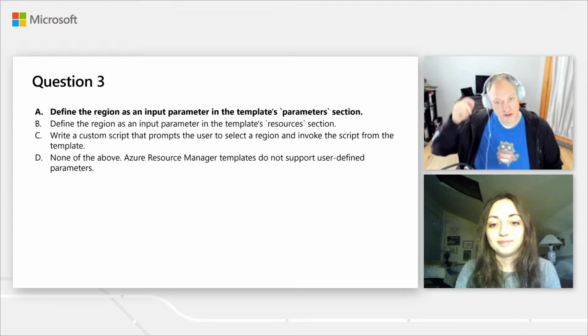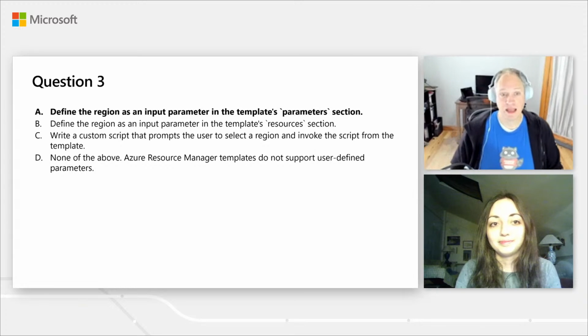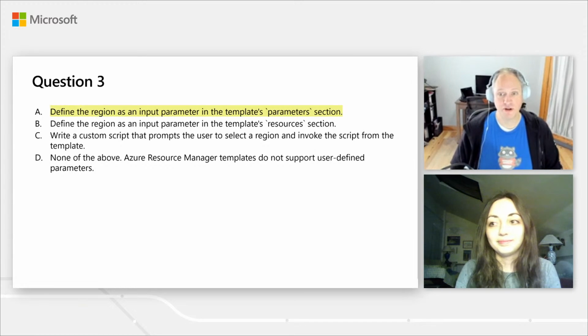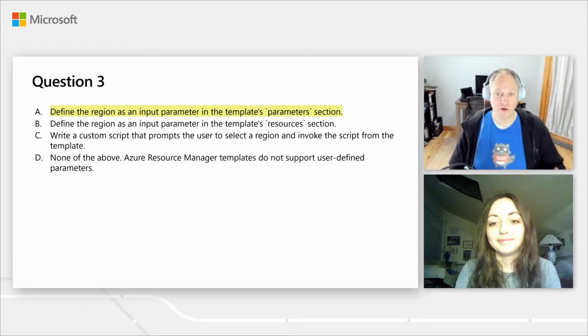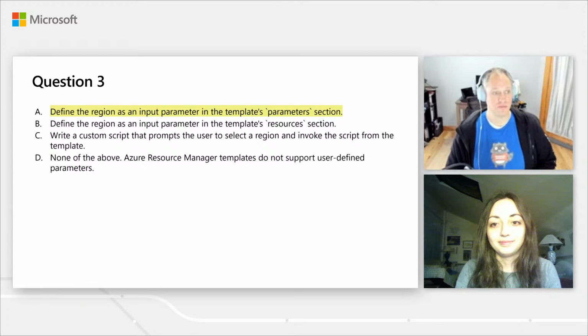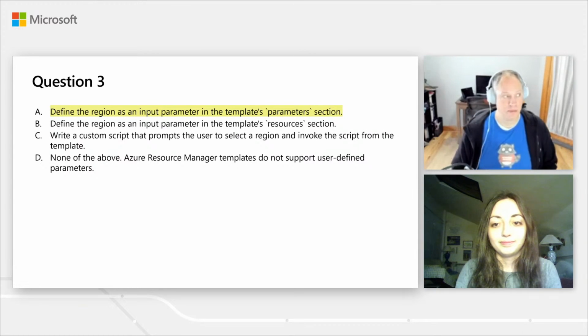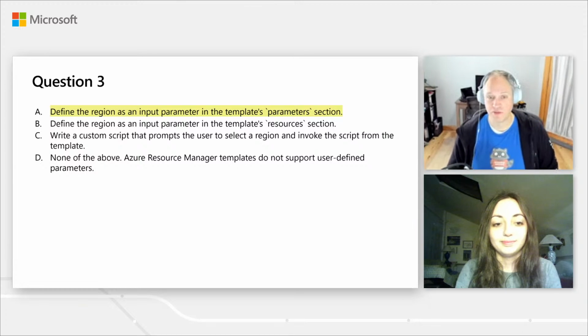A couple of people voted for C, and a couple voted for A. A is our correct answer, but those of you who voted for C, don't worry, you're not that far off, because that is one technique you can use to prompt for a region. Rather than having the script as part of the template, you use a wrapper script to call and run the template. It's a pretty common technique.